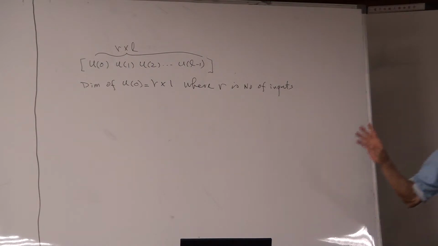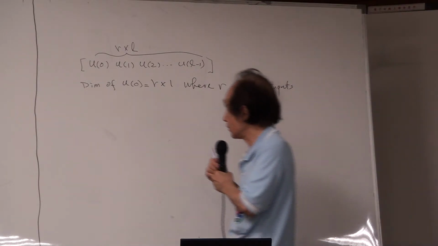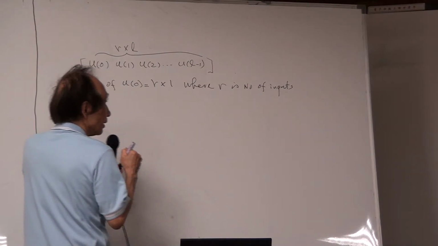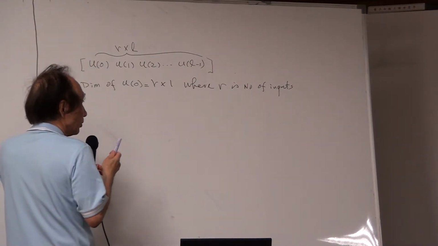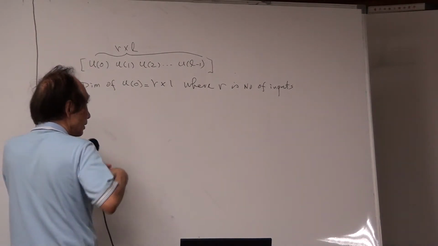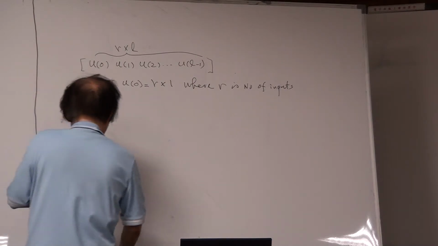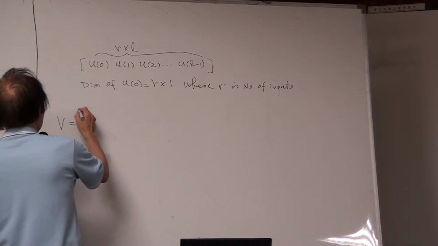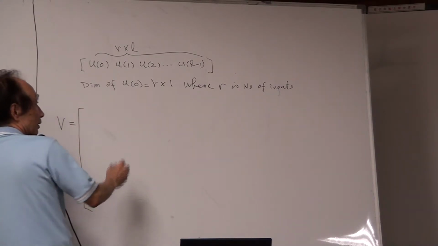I don't want to skip this because you have to understand how I form the V. If you look carefully here, I form a V. You know what I'm doing here now? It's easy. I will show you why I do this. Now I have V equal to this.